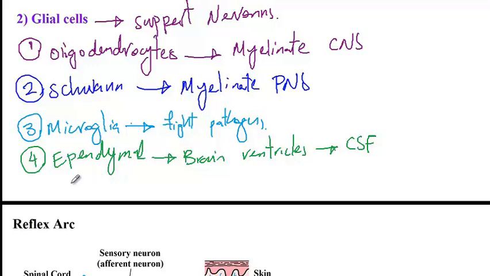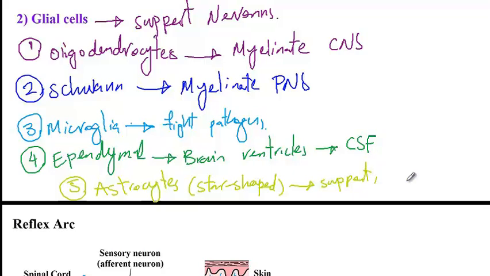And the last type of glial cells are astrocytes, which are basically star-shaped glial cells that provide physical support as well as nutrients to the nerve cells, and they also form the blood-brain barrier in order to control the transfer of molecules from the blood into the brain.